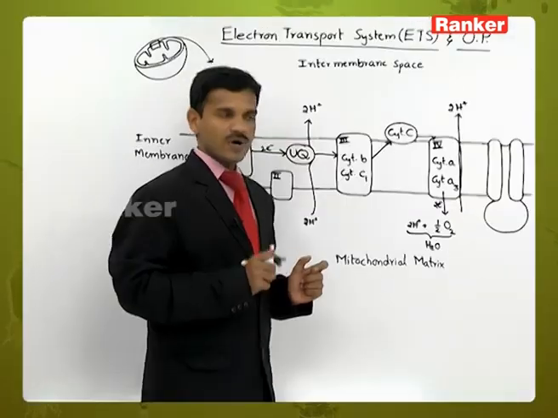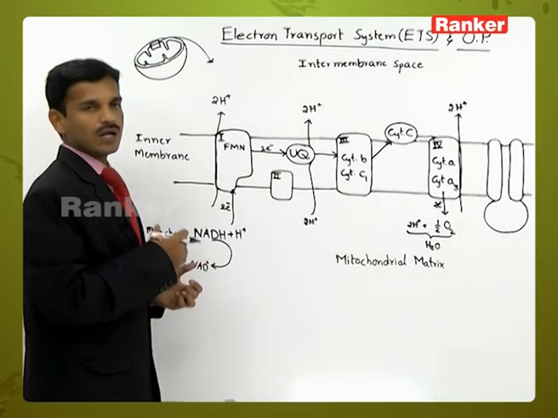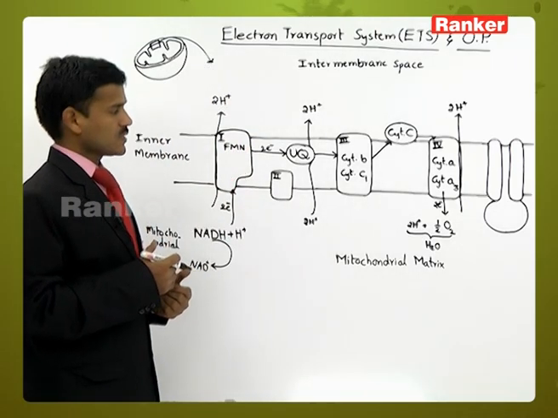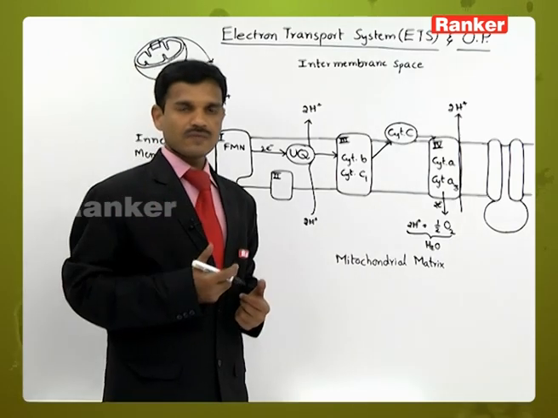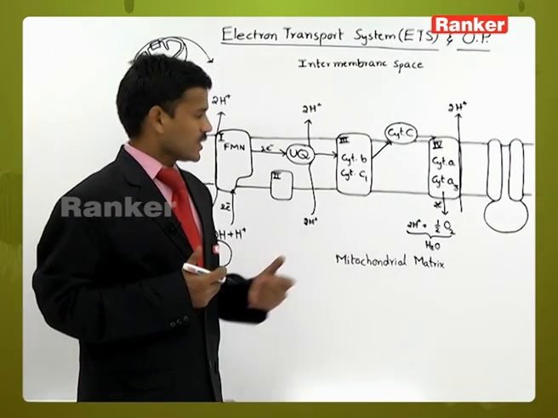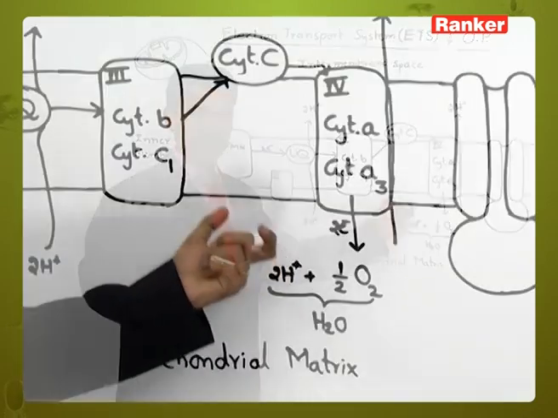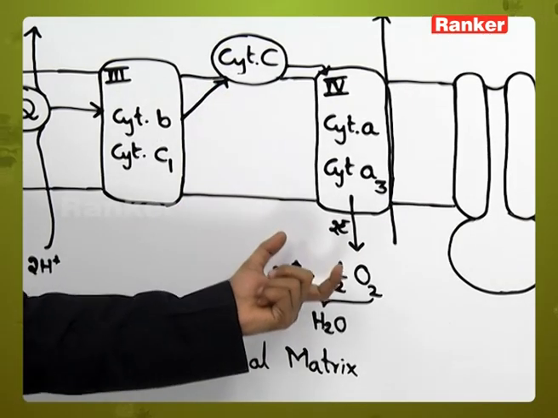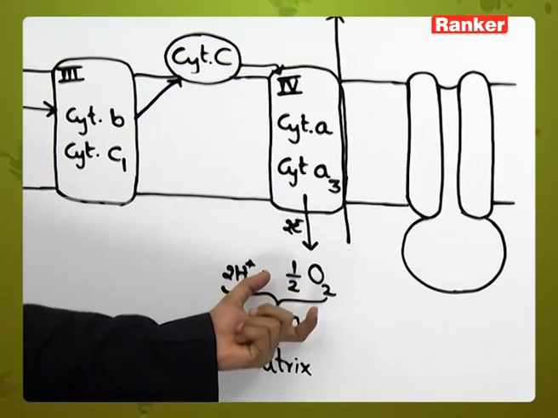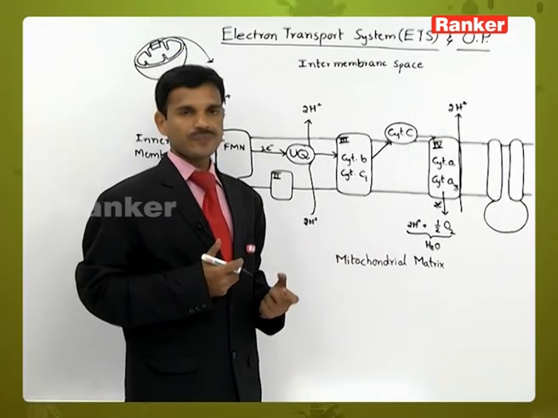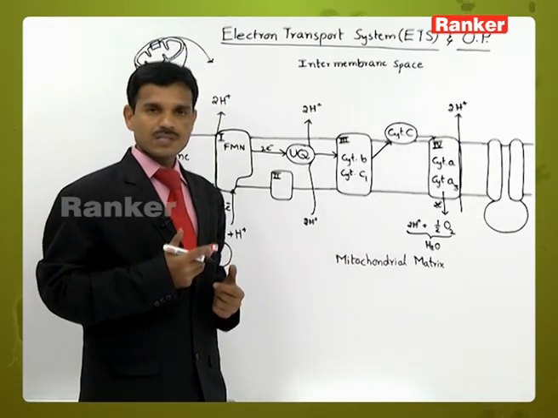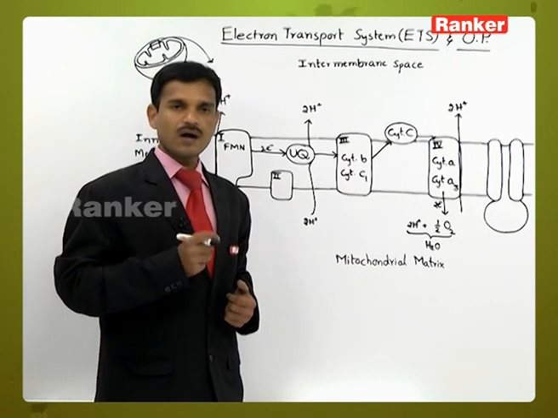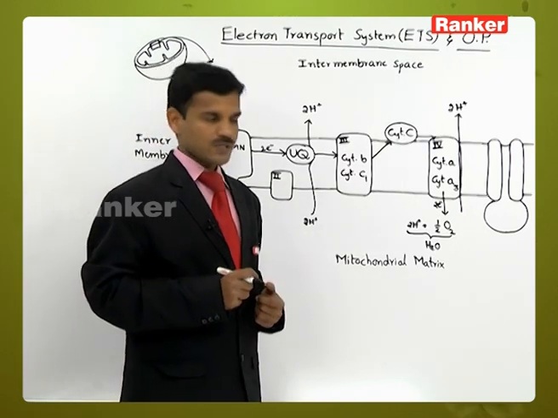So in the presence of oxygen only, aerobic respiration takes place. In the first, second, and third steps, oxygen is not involved. Oxygen is involved in the fourth step only. So in the three steps oxygen is not directly involved, but the presence of oxygen is compulsory for aerobic respiration.